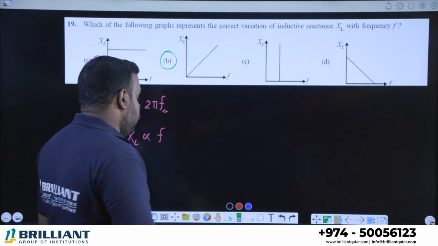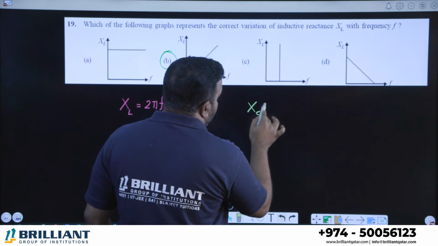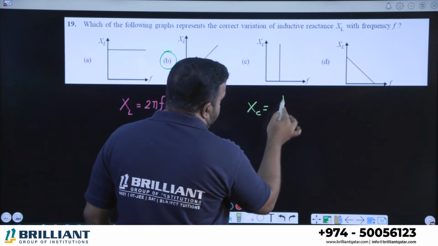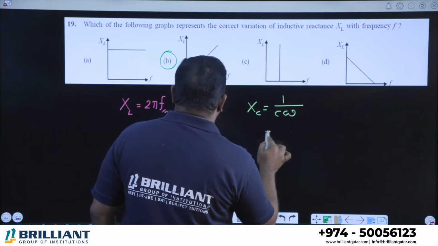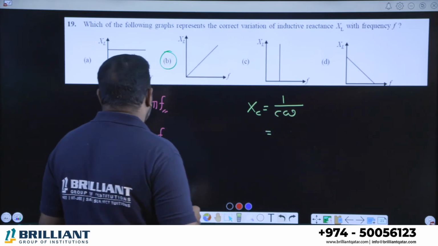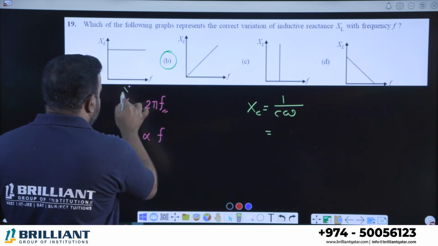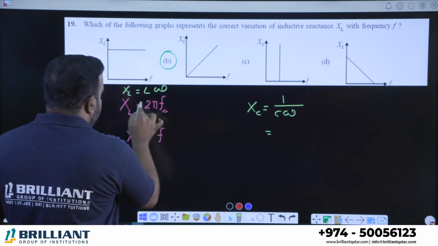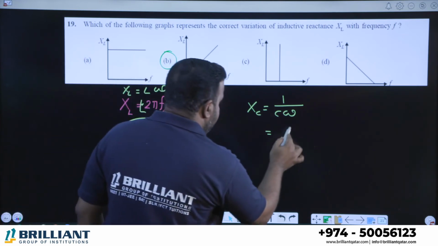Now, if they're asking about capacitive reactance, then what will be the shape of the graph? You know that capacitive reactance is 1 by C omega. Sorry, not here. XL is L into omega, so L into 2 pi f. Anyway, XL is directly proportional to f, so the answer will be the same.